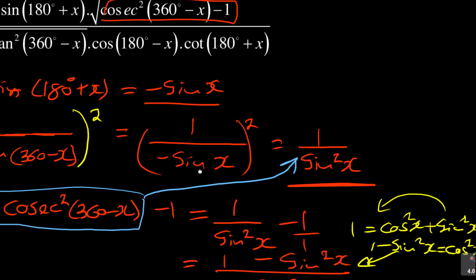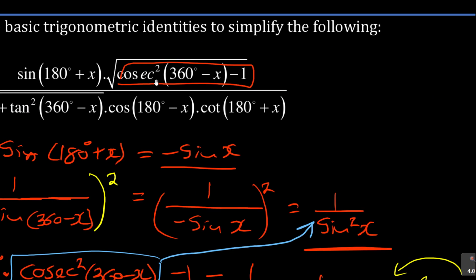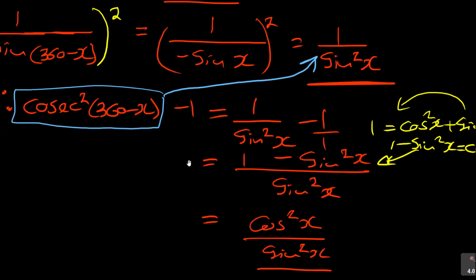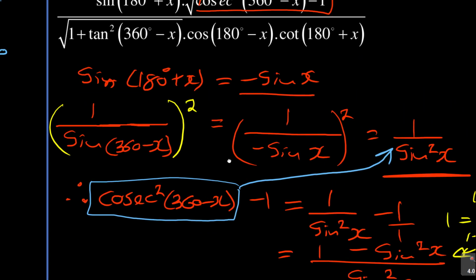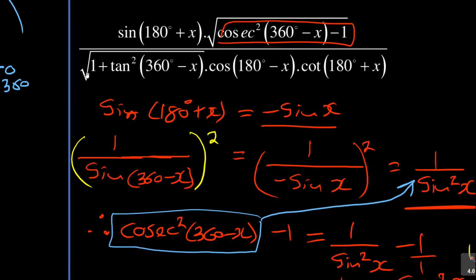I think there is an identity here, but let's stick to what I'm given. Let's stick to this trig. So in here you can see that this will be square root of this part here, which is not a problem.